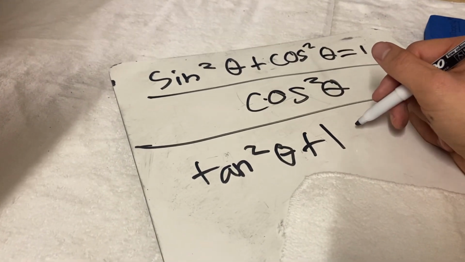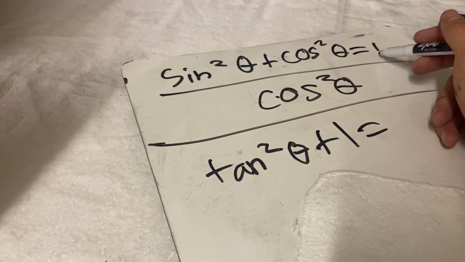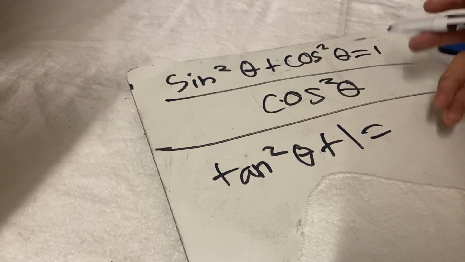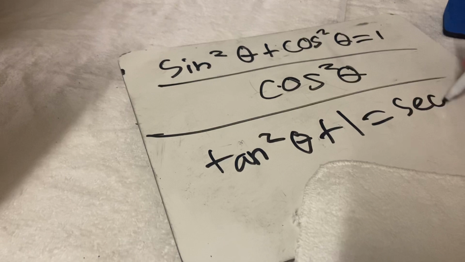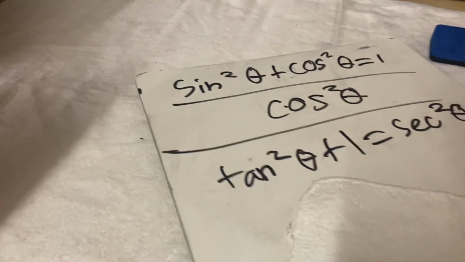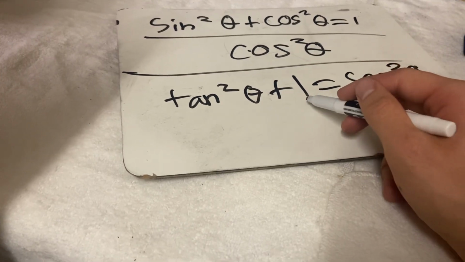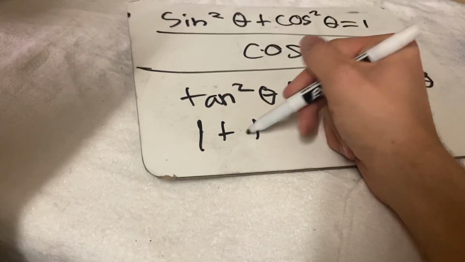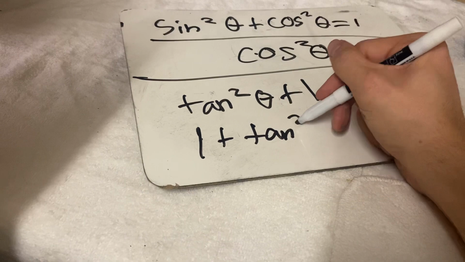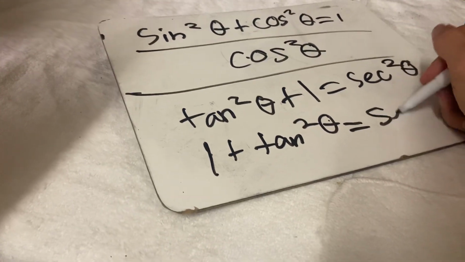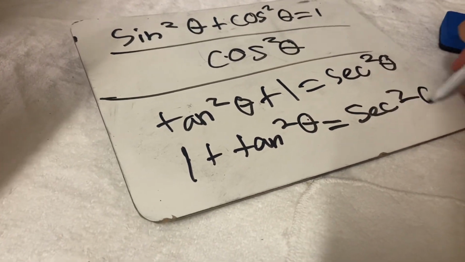And 1 divided by cosine squared theta would just be secant squared theta. So you can rewrite this as 1 plus tangent squared theta equals secant squared theta.